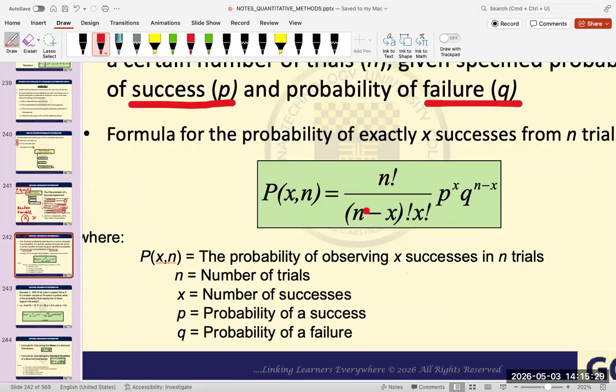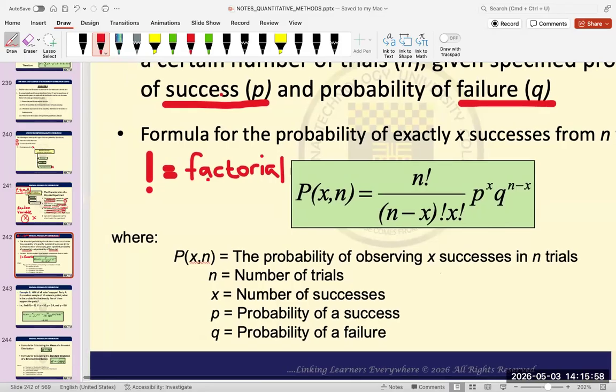is equal to, on the right-hand side, you have n, and then look at this symbol. This symbol you are seeing is called factorial. So we mention this expression as n factorial. Now, the meaning of factorial.